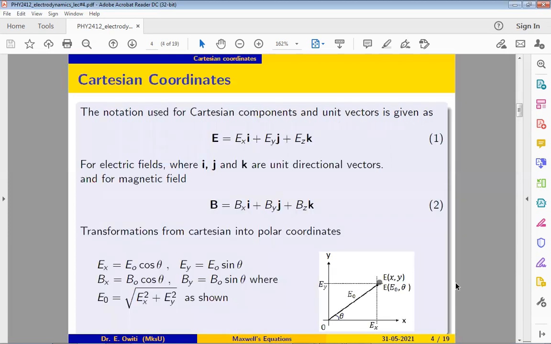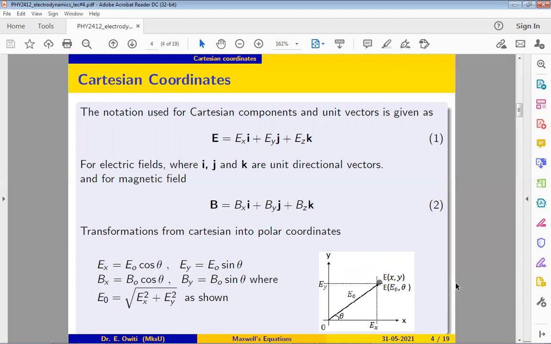So the Cartesian coordinate, like we've said, uses x, y, and z. So in an electric or magnetic field, the components are labeled like Ex, that is the x component of the electric field, Ey, the y component of the electric field, and Ez, the z component of the electric field.